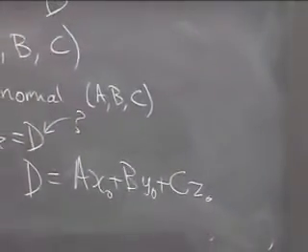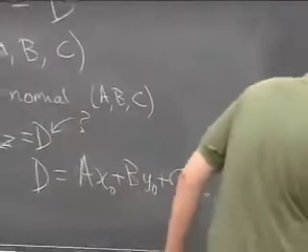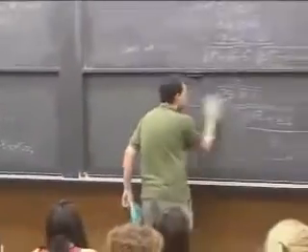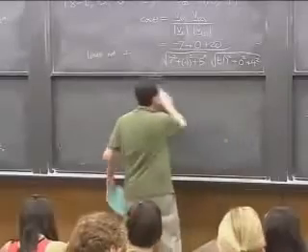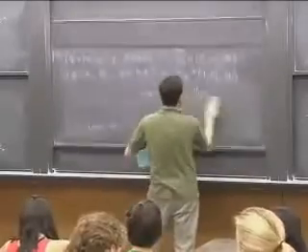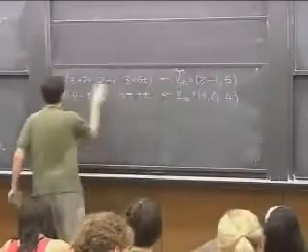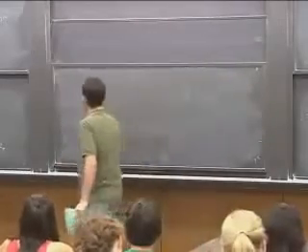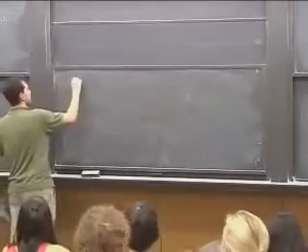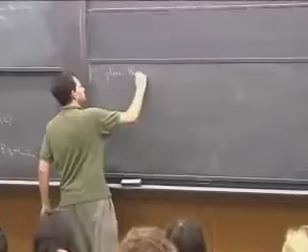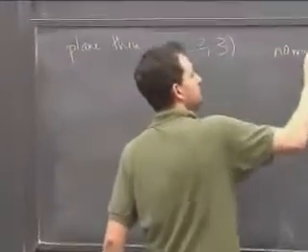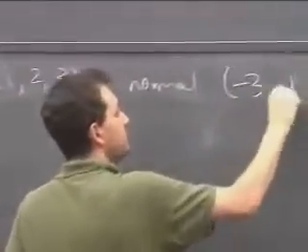So let me put this in perspective by looking at an example. Suppose we want a plane through 1, 2, 3 with normal -3, 4, 5.